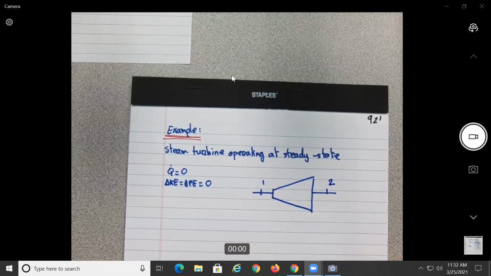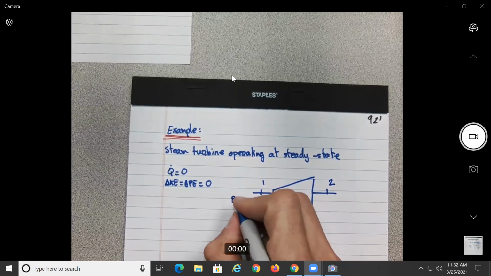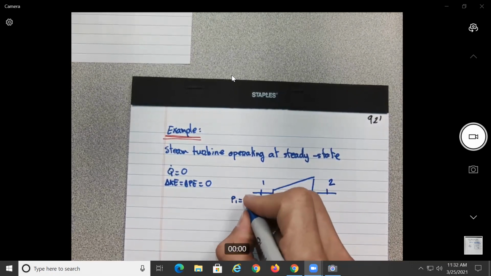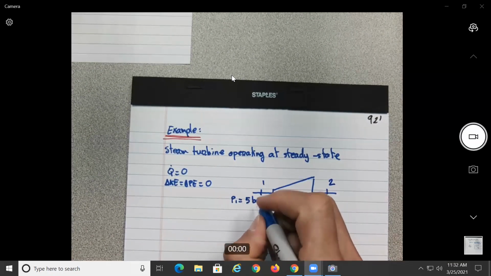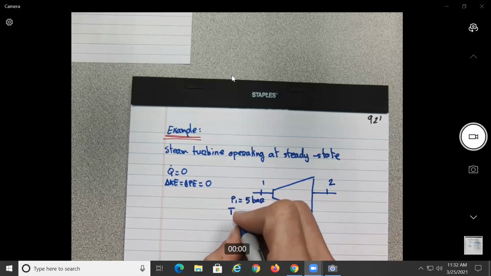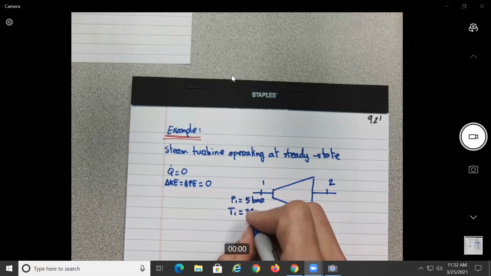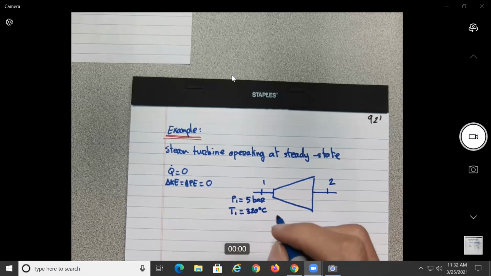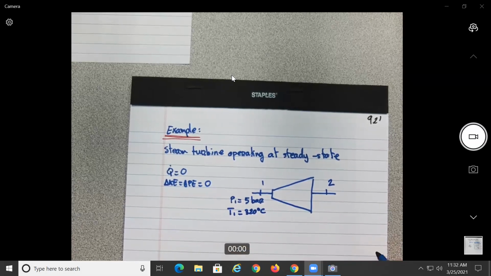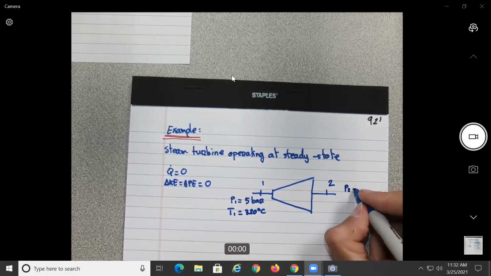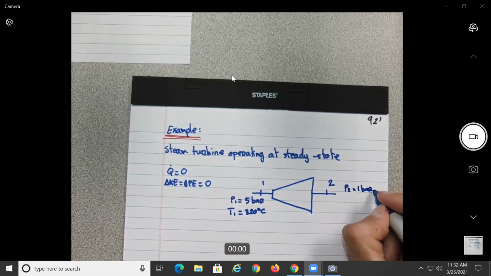Where we know that the inlet pressure is 5 bars. The temperature is 300 degrees Celsius. And that P2 is 1 bar.